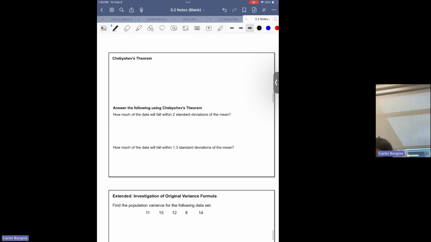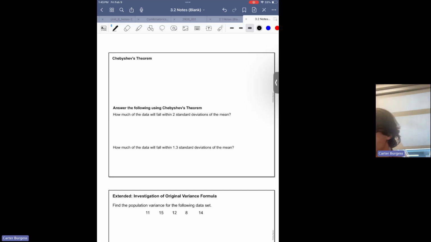The basic idea is that the further away from the mean we go, the less data we should see. If we're way away from the center, we wouldn't expect to be collecting all that much data, generally speaking. In some weird cases, sure, that can happen. But generally, the further away you get from the mean, the less data you are going to see.